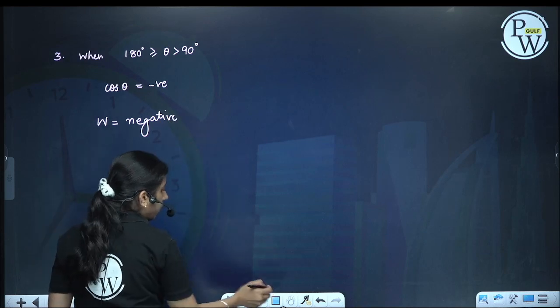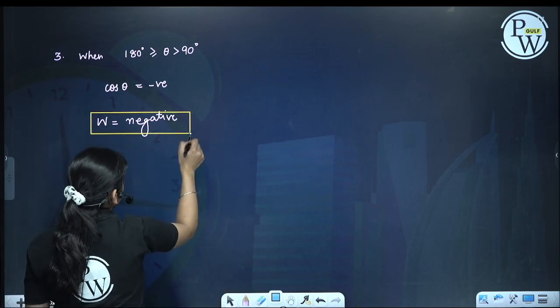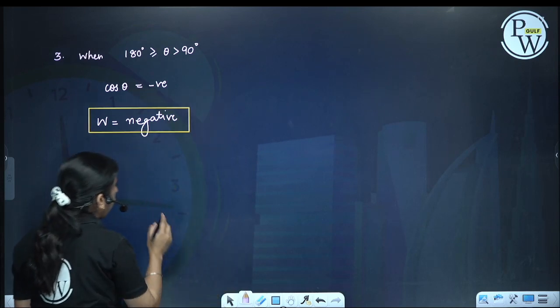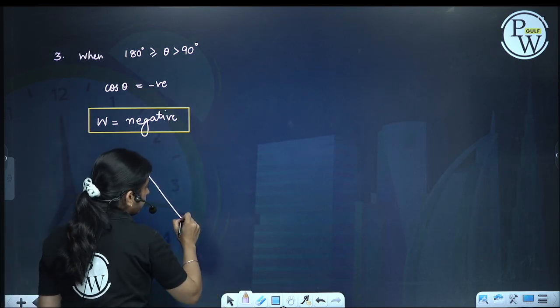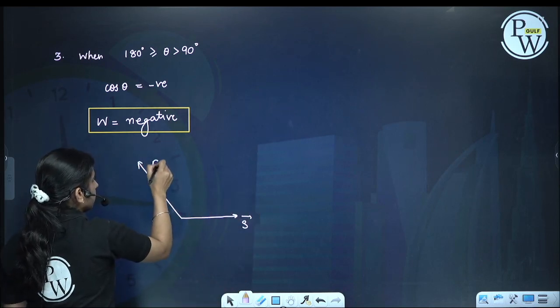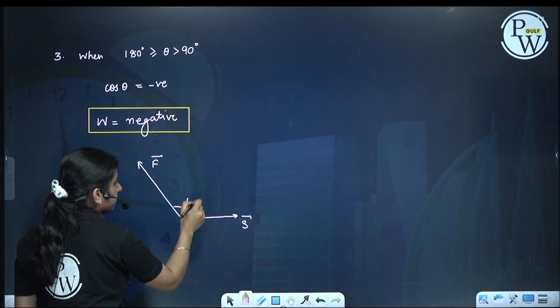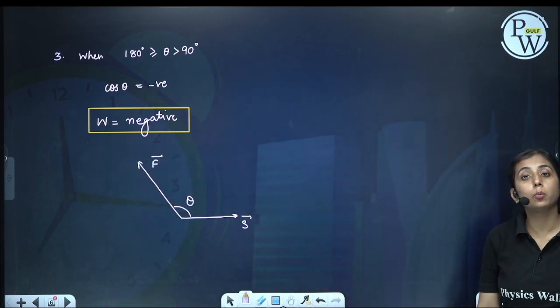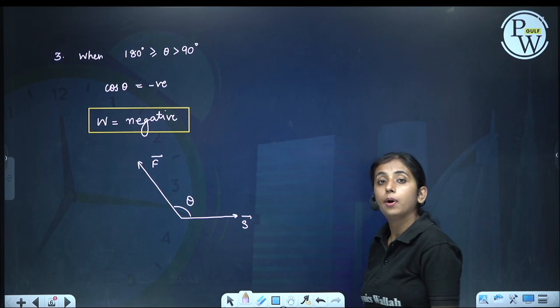Work done is negative when theta is an obtuse angle, like this. This is my displacement, this is my force applied.